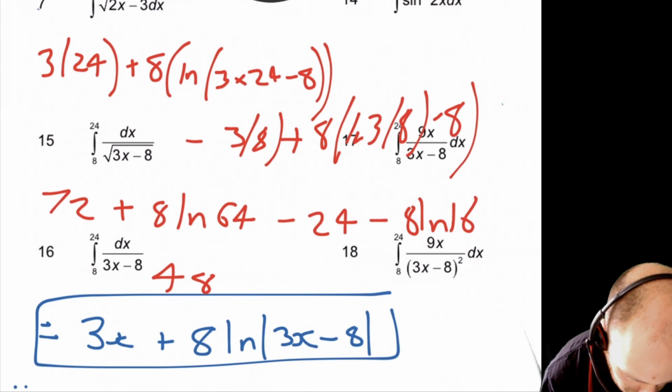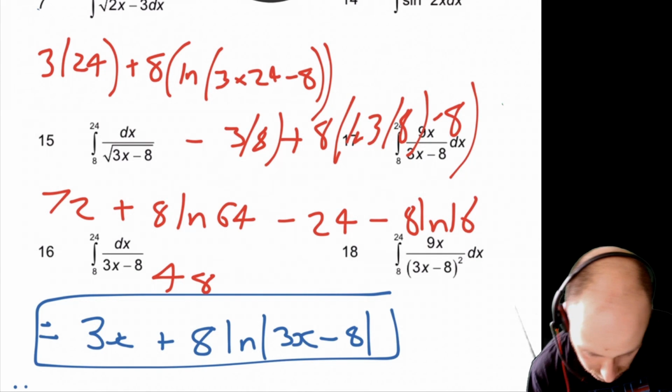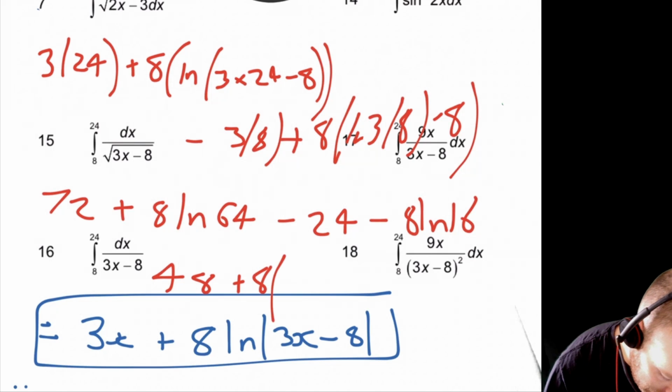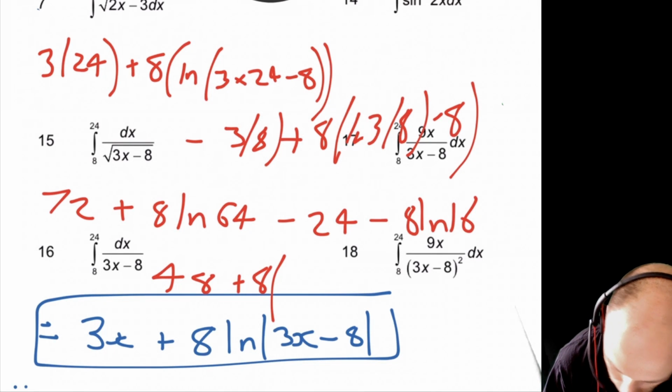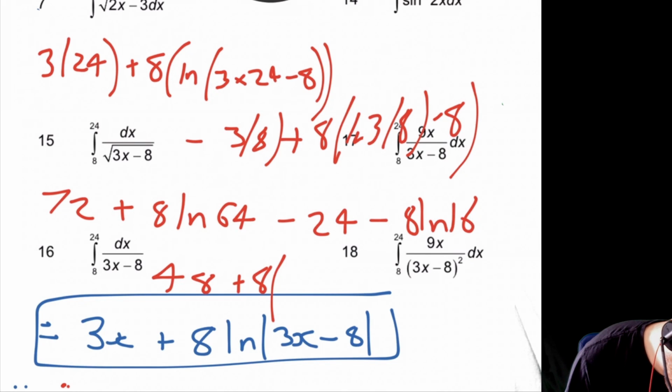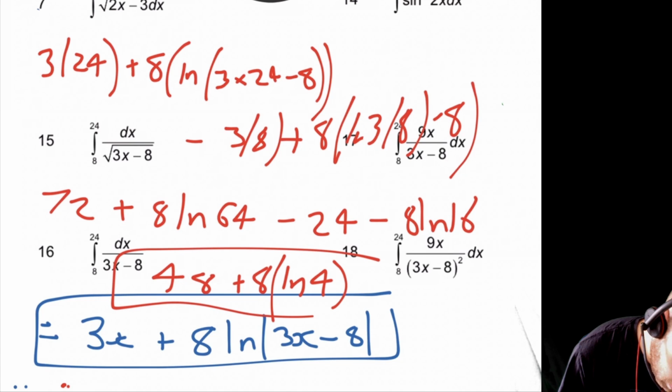We need to use log rules for this bit, so let's take out a factor of 8, so plus 8 ln 64 over 16, which is ln 4. So I believe we get that.